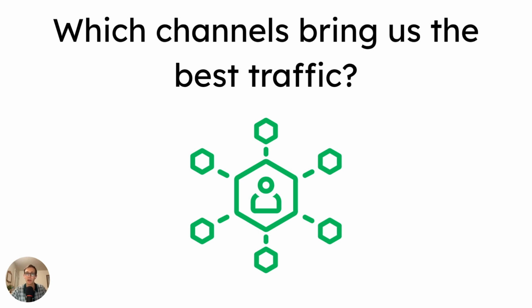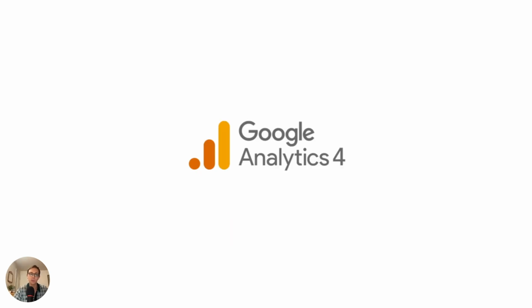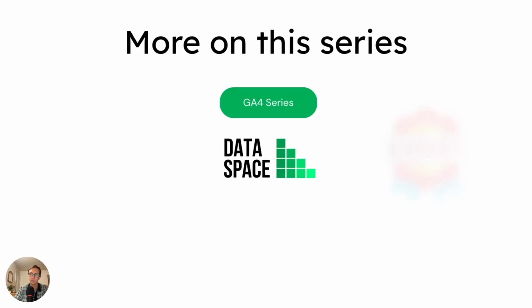So if you are spending a lot of money on Facebook, LinkedIn, email marketing, we can understand whether you're getting the best ROI on that investment. These are some of the core questions that we can answer with Google Analytics. These are just a small sampling of those that I typically get asked and have answered for my clients. And what I'll show you through this series is how we can get the most out of this tool and really make Google Analytics work for your business.